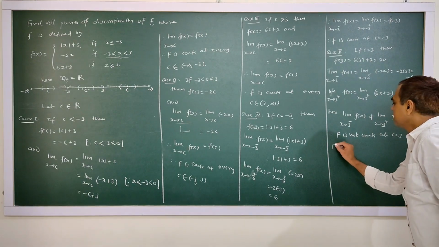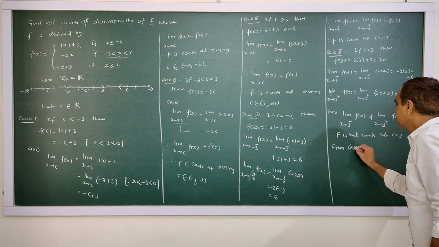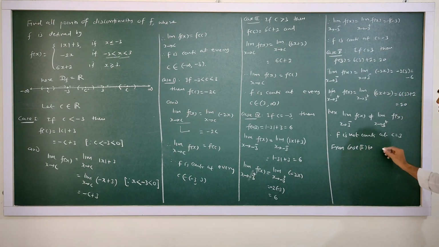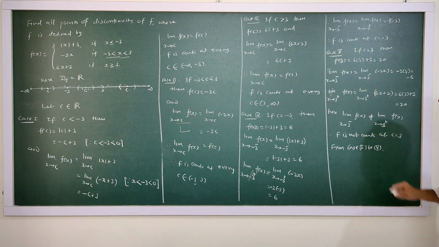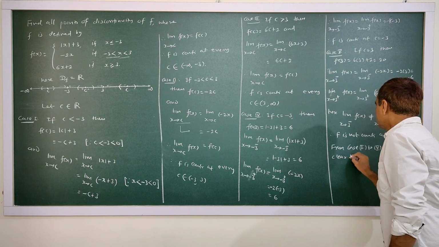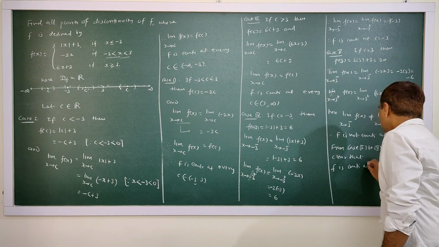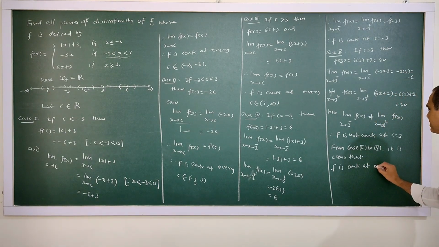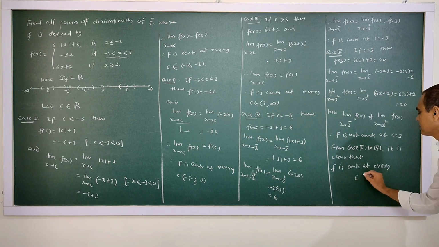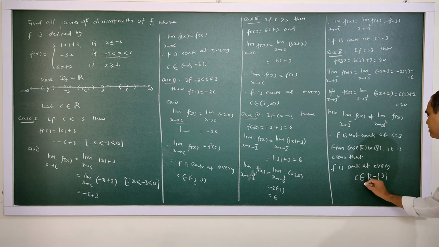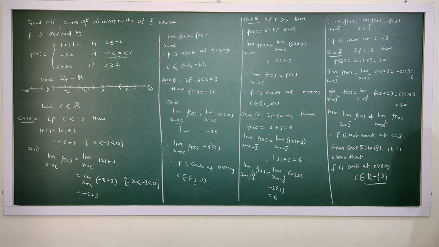So from case 1 to case 5, it is clear that function is continuous at every c belonging to R except 3. Except 3 it is continuous. It is discontinuous at 3.